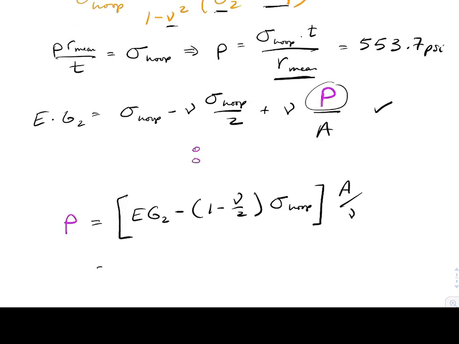Solving for it, we'd have 933.3 kips as the applied external load. And again, we're neglecting buckling here or any consideration of buckling.